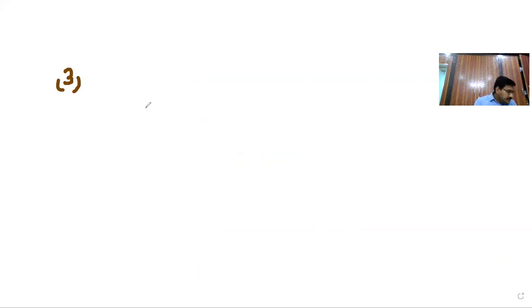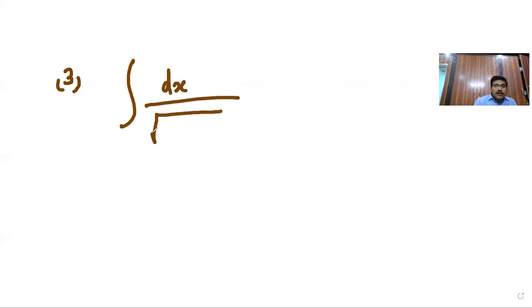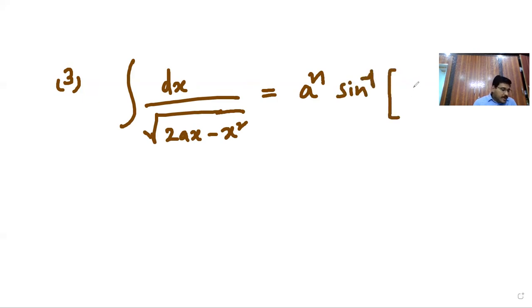That is, the integration of dx divided by under root of 2ax minus x square is equal to a to the power of n sine inverse of the bracket x by a minus 1.